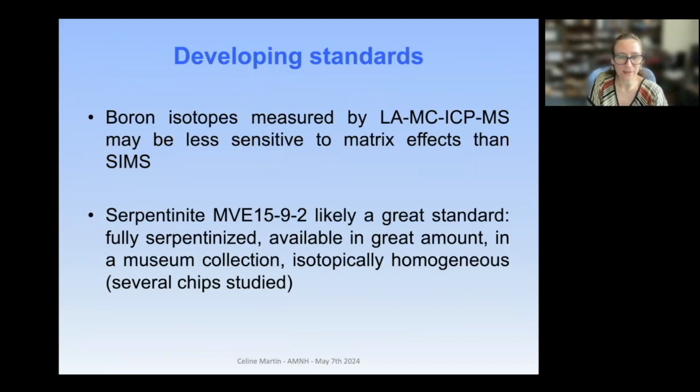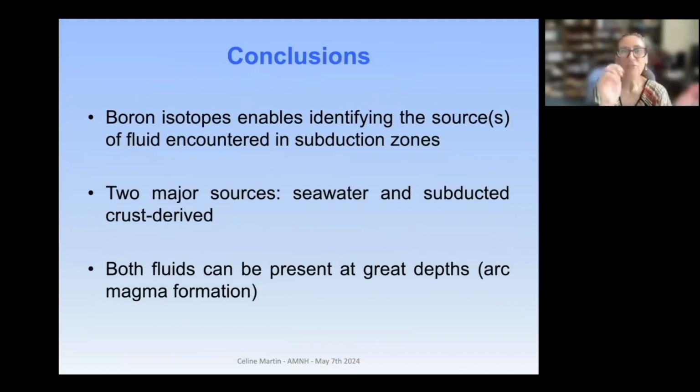So this is what I just said. To conclude, we have seen that boron isotopes enable us to identify the source of fluid encountered in subduction zones. So far, two major sources have been identified: seawater and subducted crust-derived fluid.